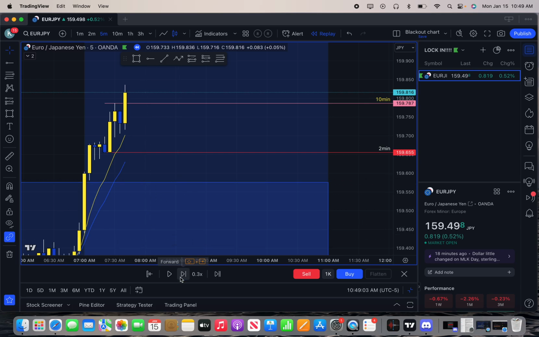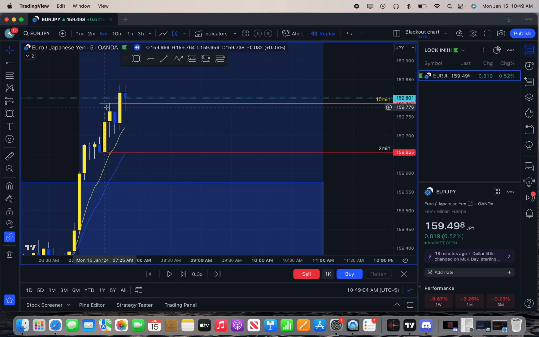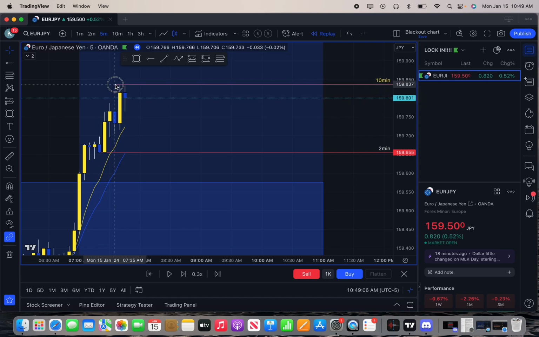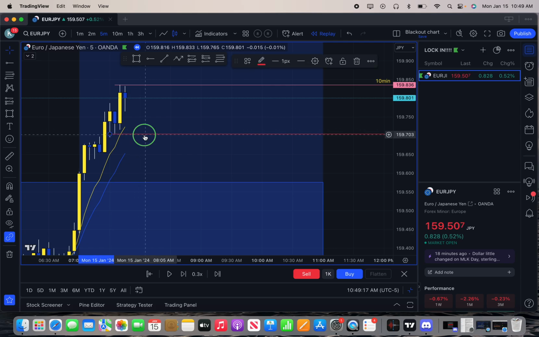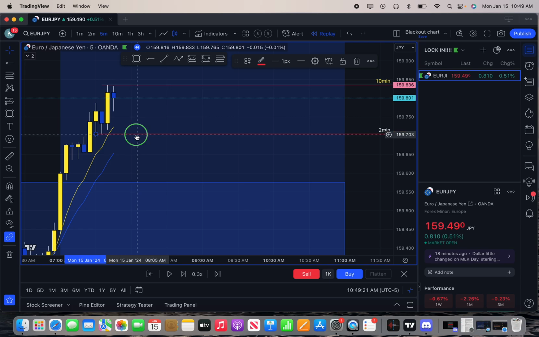7:40. So on the 10 minute, we're still pushing, right? But on the 5 minute, I understand this has now turned into new structure right here. So this is new structure formed outside of this zone.